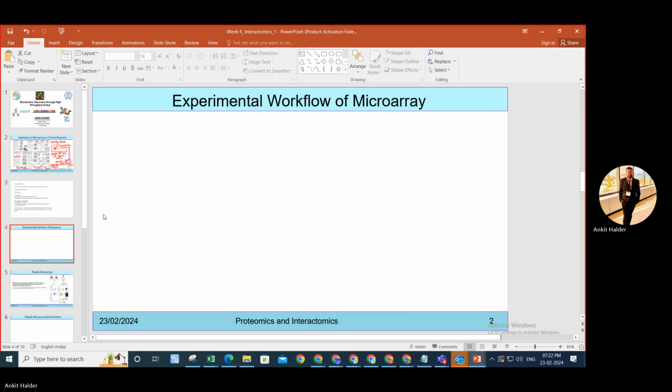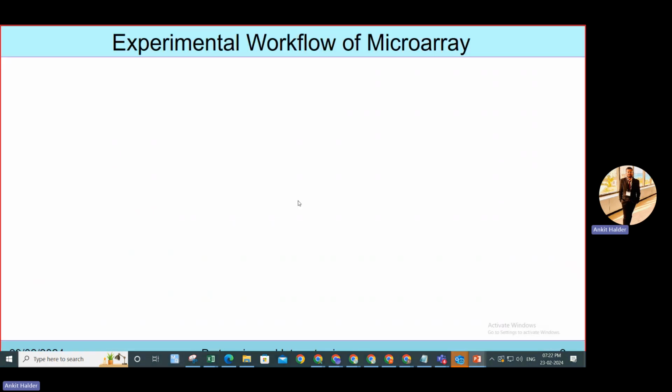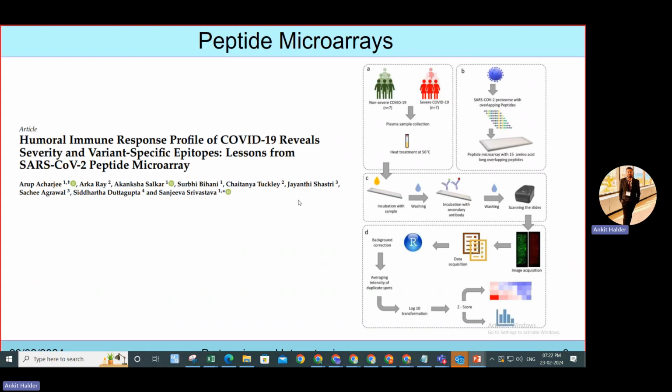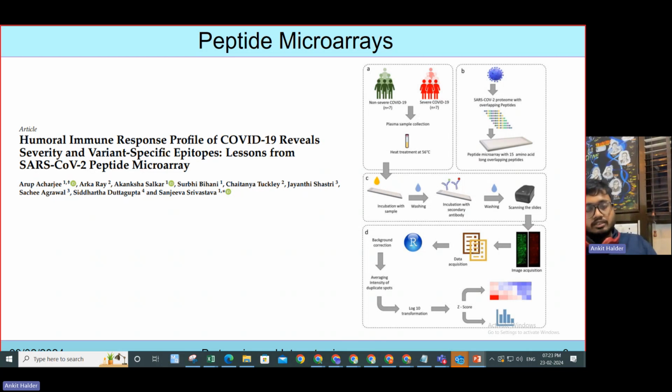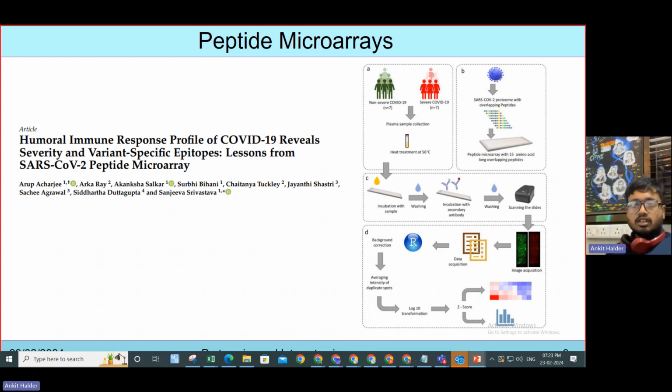Yes. So I think you have got a good overview of the experimental workflow of how you can use microarrays. One thing we have talked about mostly is protein microarrays, but peptides, which constitute the whole protein, can also be printed to give you different information.